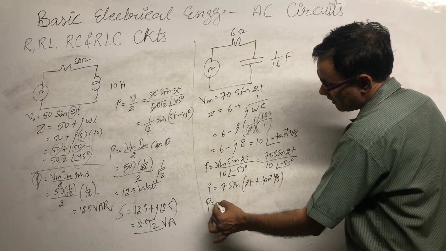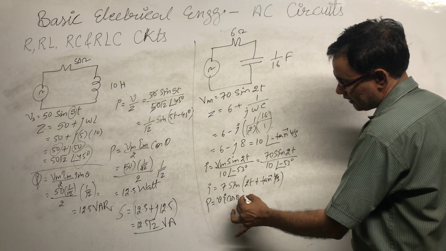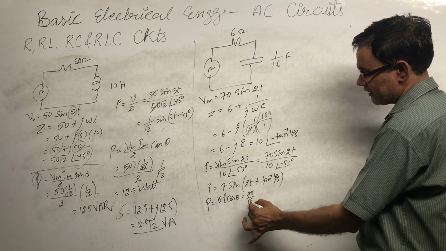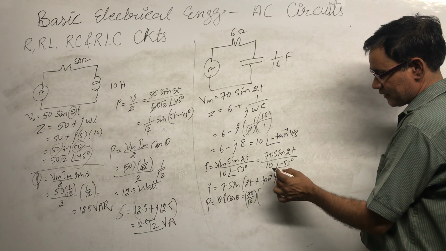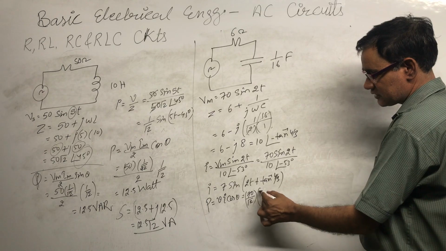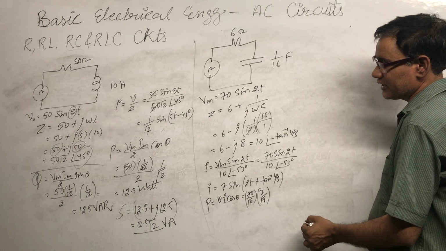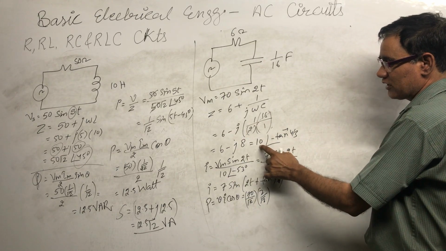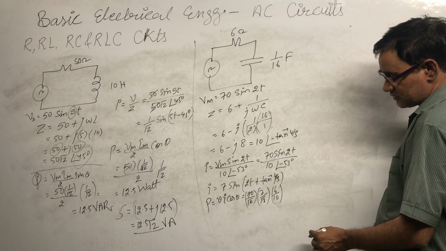If P is power, that is V I cos theta. So what is the value of V? V is 70 by root 2, that is the RMS value. What is the current I? The current I is 7 by root 2, that is the RMS value. What is cos theta? Cos theta is the real component divided by the total, so 6 by 10, that is 0.6.